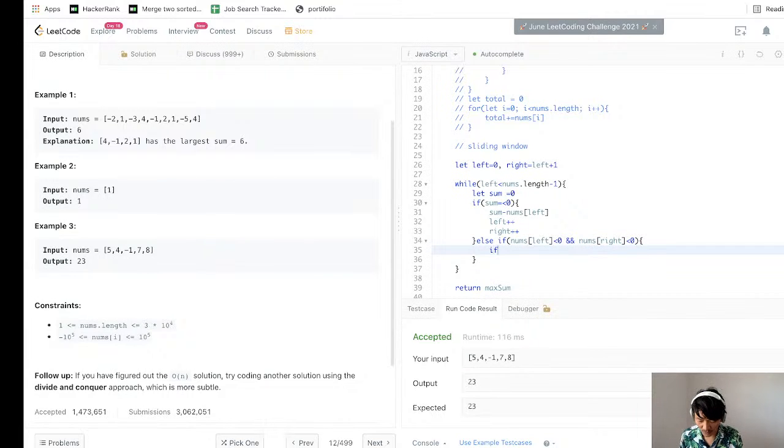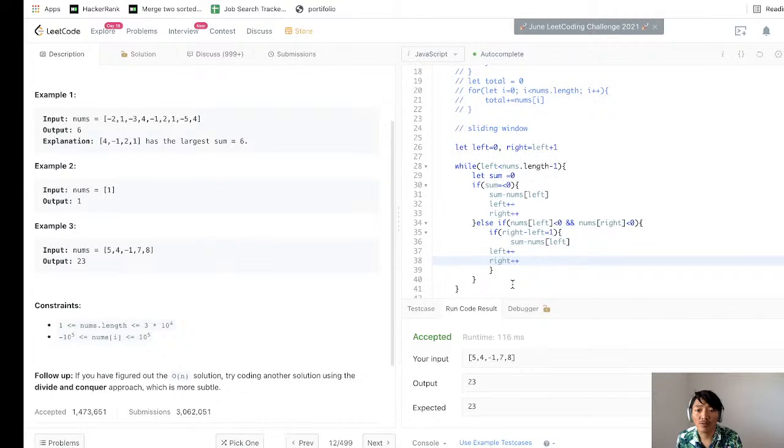So in this case, whenever right minus left equals 1, we need to increase both of them, right? So this should be something like this.